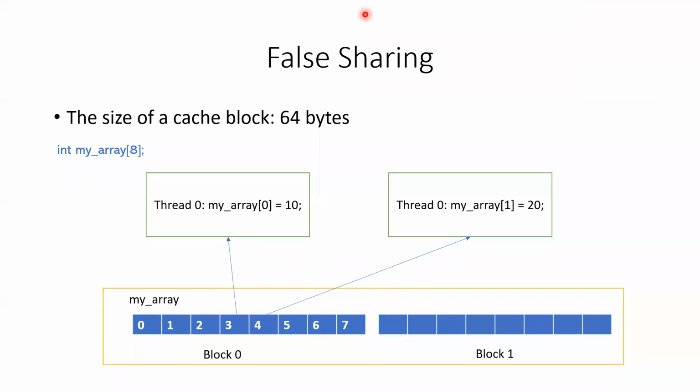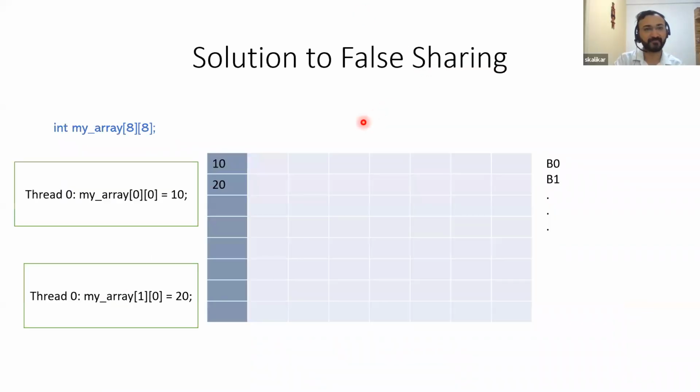So if I redesign this implementation like this, you have an array of 8 cross 8 and you are placing it in such a way that the first column of this 2D matrix, this one complete line, covers the complete cache line, say B0, the second covers B1.